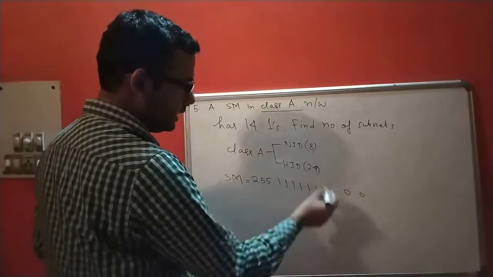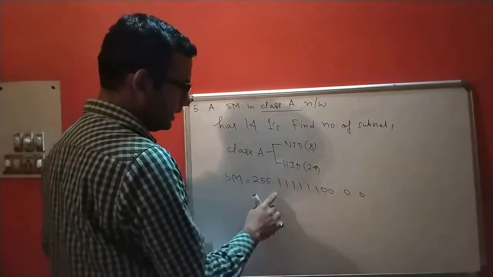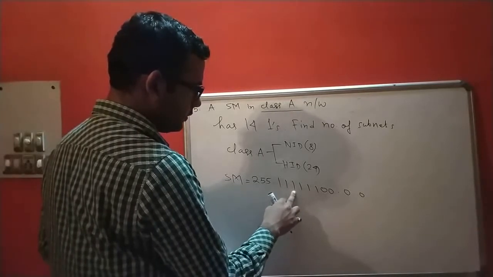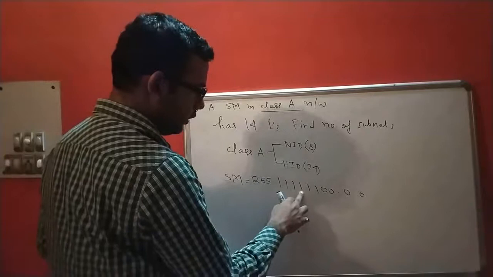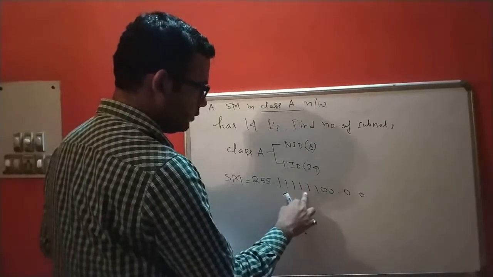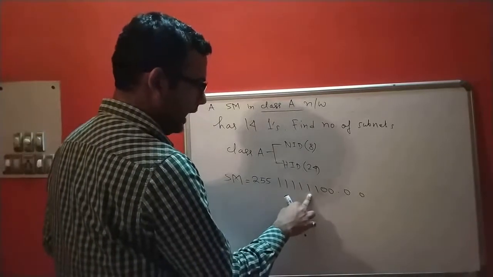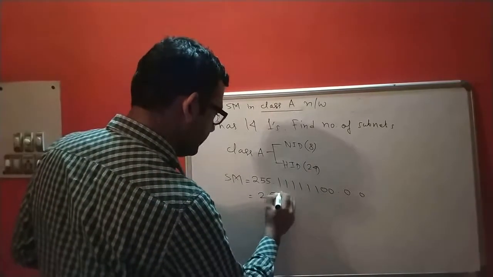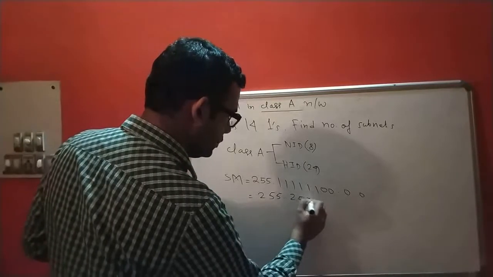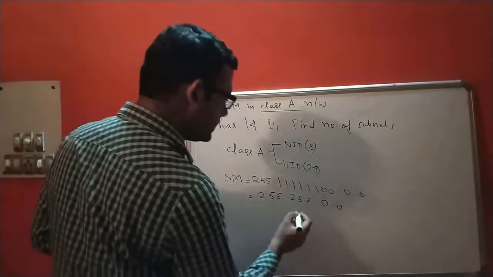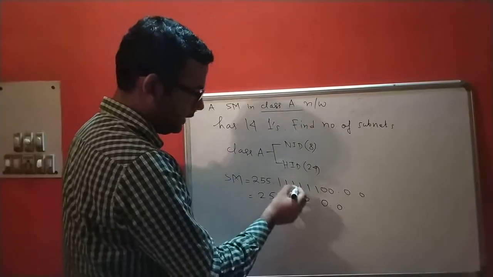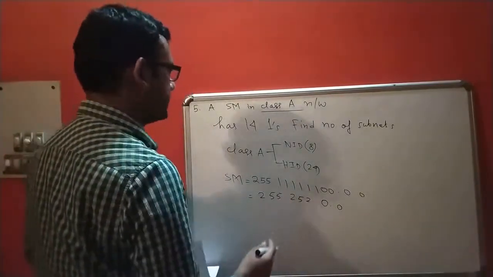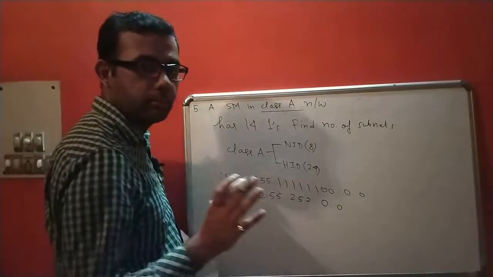If I convert this binary pattern into decimal, what will I get? 128, 192, 224, 240, 248 and 252. So this subnet mask is 255.252.0.0. I'm simply writing the decimal equivalent. This is my subnet mask, and we are being asked to find the total number of subnets.